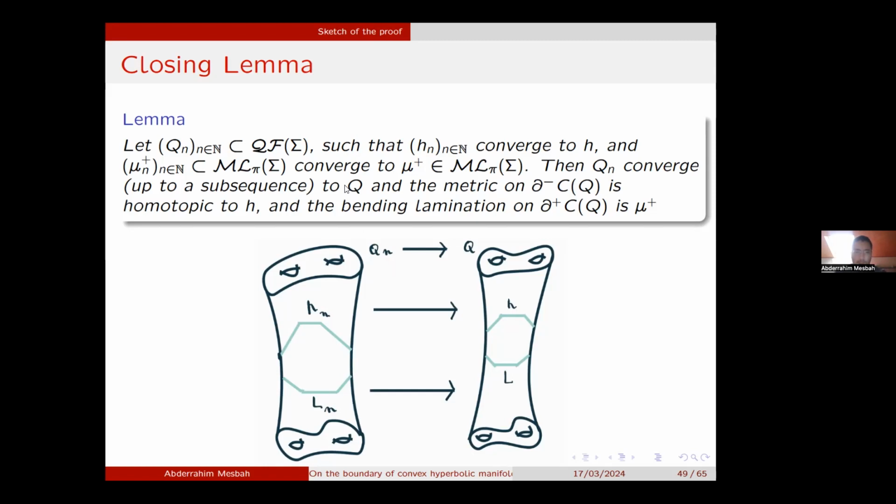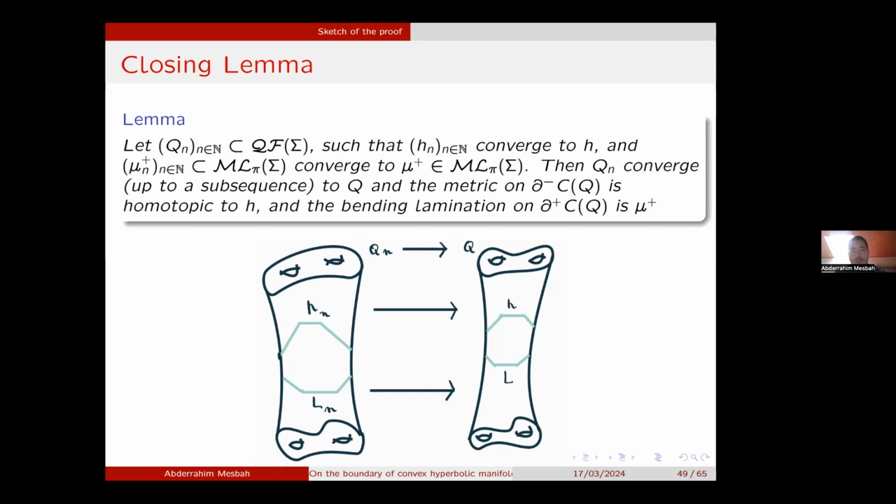So in other words, if I take a sequence of quasi-Fuchsian manifolds and I assume that in this sequence the induced metric on the upper boundary converges to some H, and also I assume that the bending lamination on the lower boundary converges to some lamination L, with the necessary condition on the lamination, of course, that we can't have a leaf with weight bigger than pi.